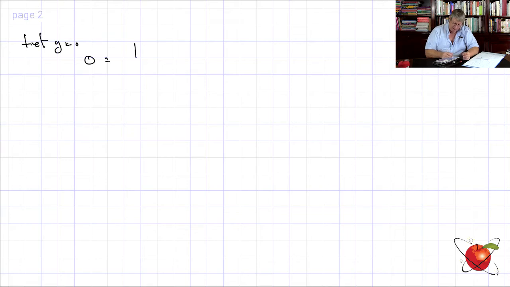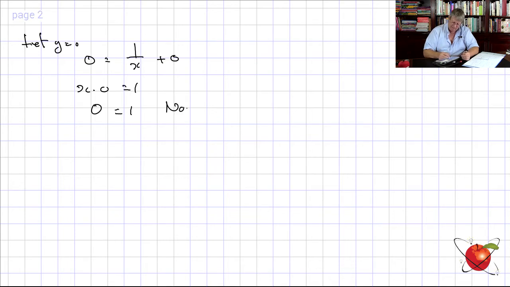Okay, well then, let's have a look. Let's just get a new page. Let's put y equals 0. Let y equal 0. Therefore, 0 is 1 over x plus 0 in this case. Therefore, we're saying that x times 0 equals 1. So 0 equals 1.